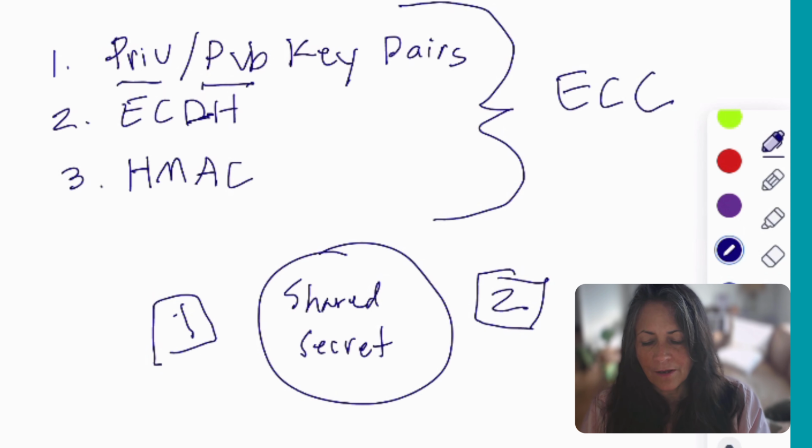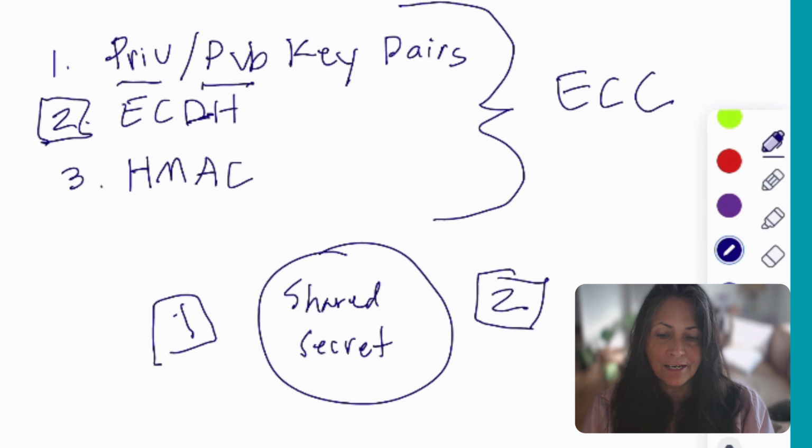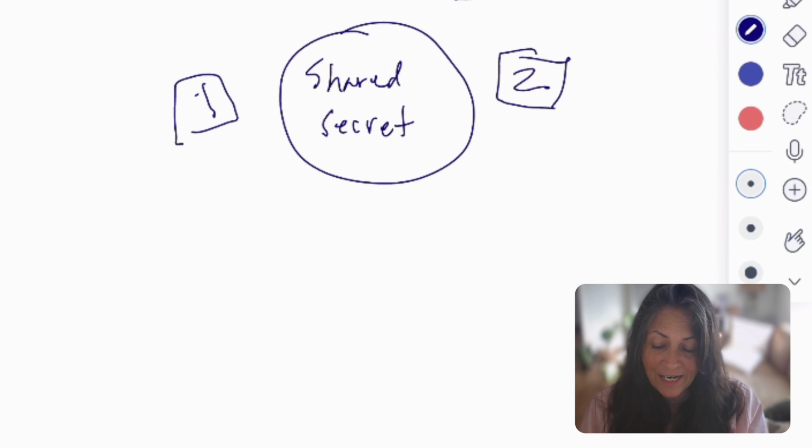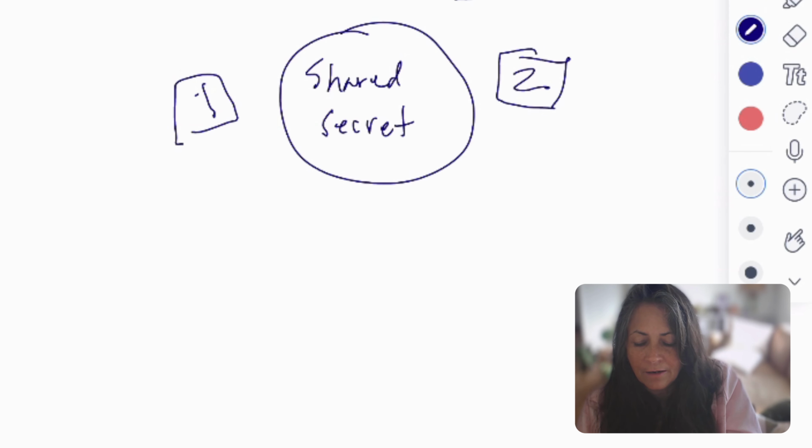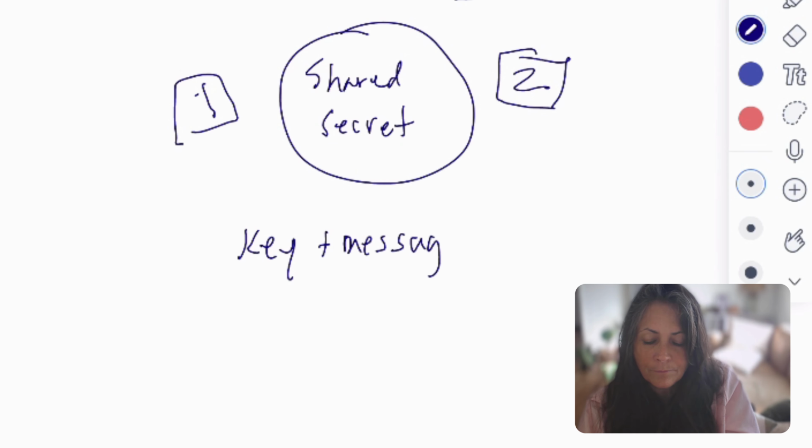All right, we just finished number 2, ECDH. You need the shared secret. And then number 3 is HMAC, that's hash-based message authentication code. HMAC, described very simply, is you need a key, and you need a message, and you hash that message.